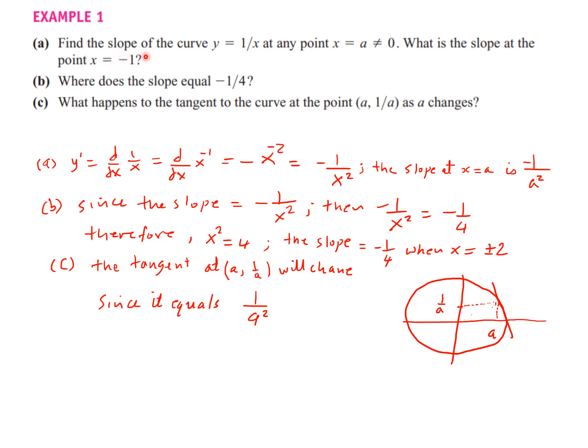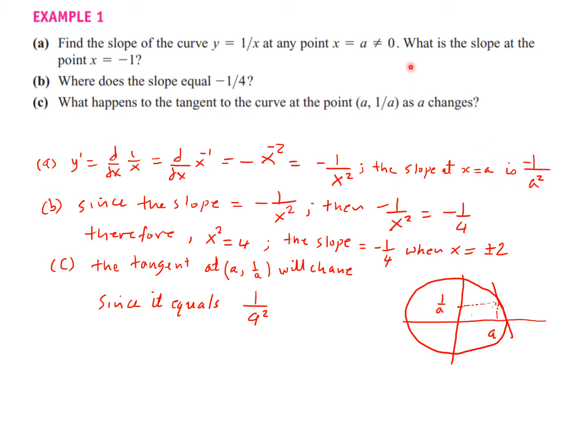So y equal to 1 over x, y prime means the derivative d by dx of 1 over x equals d by dx of x to the power -1, and that will give us the answer, which is negative x to the power -2, and that's equal to -1 over x squared. The slope at x equal to a, we just plug in a instead of x and we'll get the slope -1 over a squared.